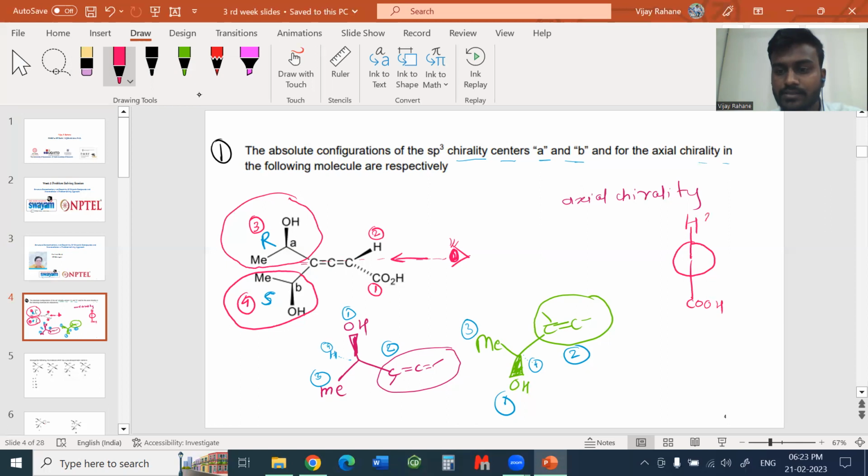So it has second, it has first, and if you see from this one, these are on the right-hand side, so it has three, and here is the fourth one.